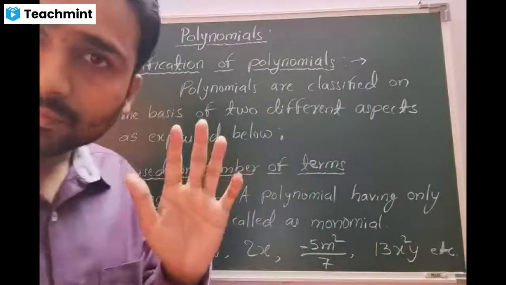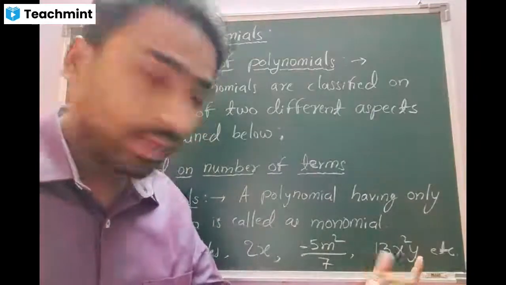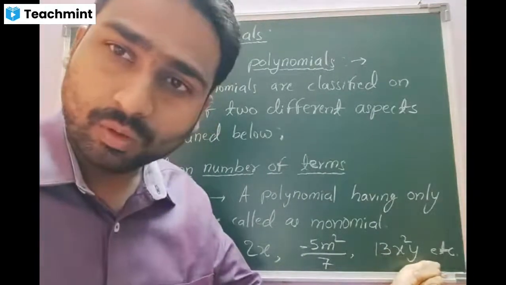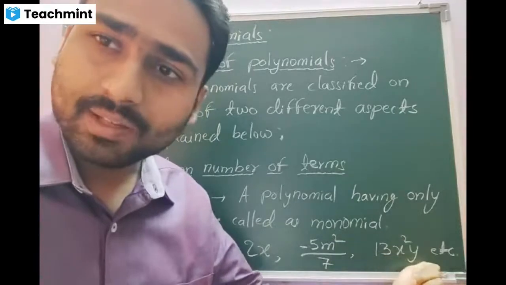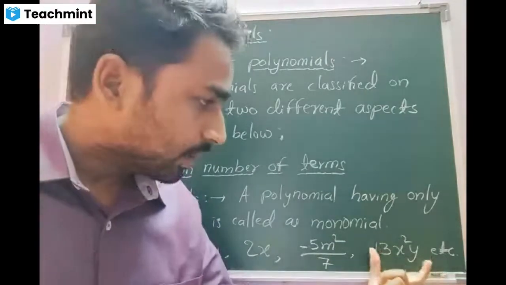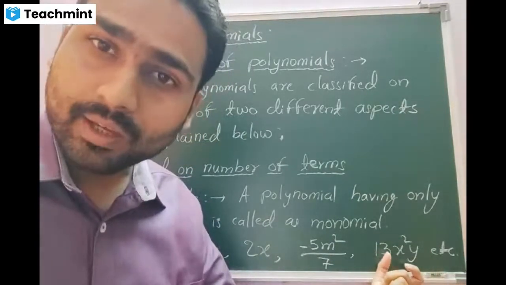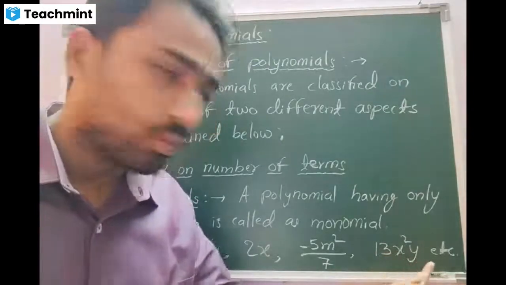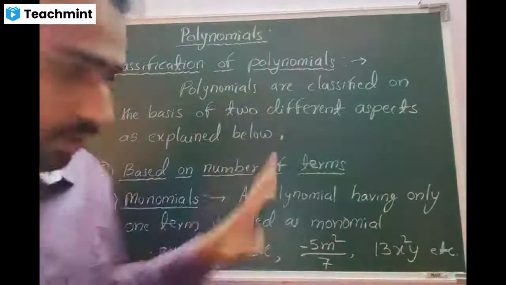Now here, beta, you can see 13, there are two variables, x and y. X is repeating twice, y is repeating only once. Even though so many terms are involved here, we call it a monomial because the operation used in between is multiplication. Is that clear, beta?